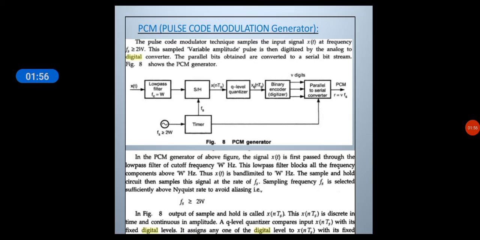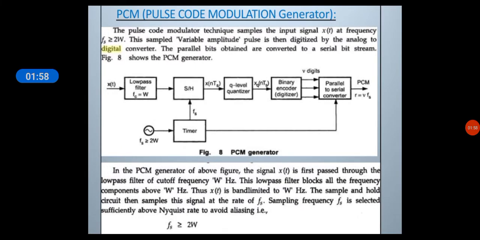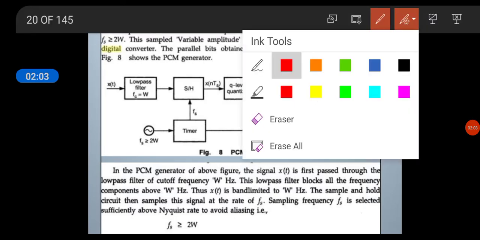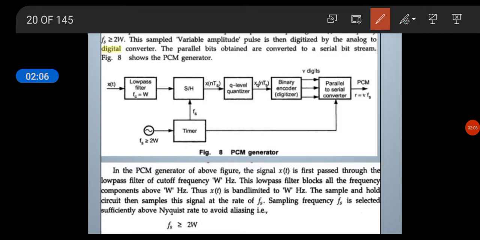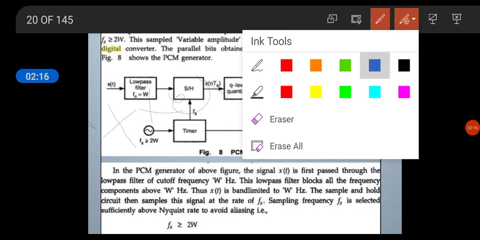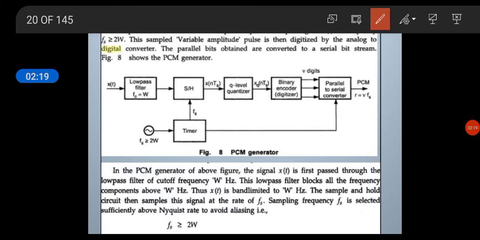So here, consider the block diagram. In this block diagram, in the transmitter part, we'll have three important parts: one is sampling, another is quantization, another is encoding.